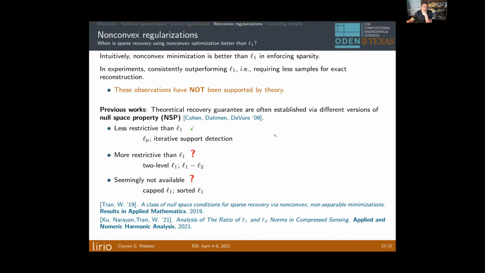But we've seen things like more restrictive approximations in L1, like 2-level L1 or L1 minus L2. There are numerical results, but not theory to explain these. In addition, there's really nothing available on what people call capped L1 or sorted L1, and I'll show you in a minute what these look like. So the theory here will include a lot of non-convex regularizations. It does not include what people would call L1 over L2. We have a separate paper on that.